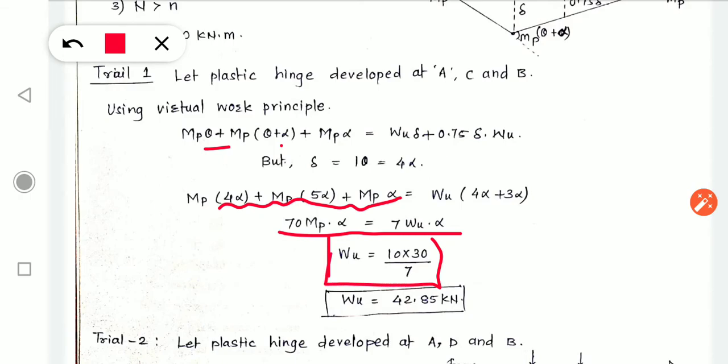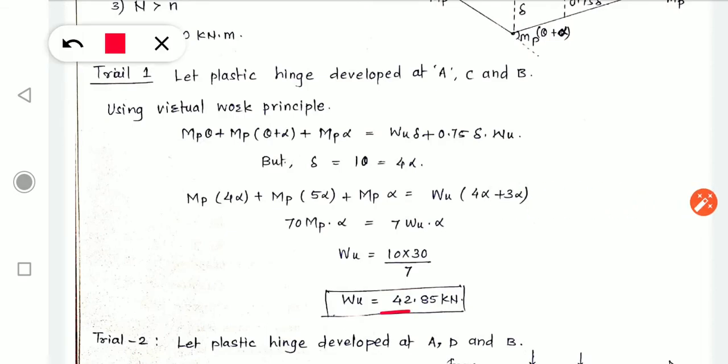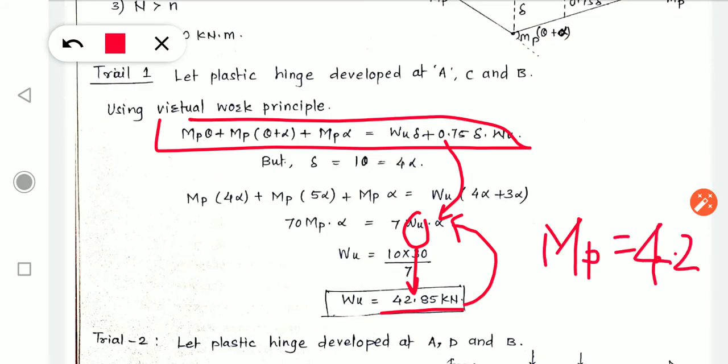Wu is equal to how much? 42.85. If I put this 42.85 value into our actual equation, which is the simplified version of this actual equation, right? We have simplified it like this, and if we put the value of Wu equals 42.85, our MP is 4.2. You can try it on your calculator. We get MP equals 4.2.